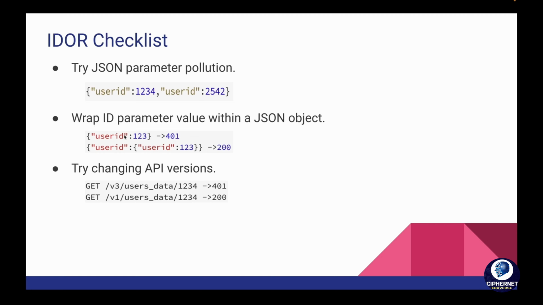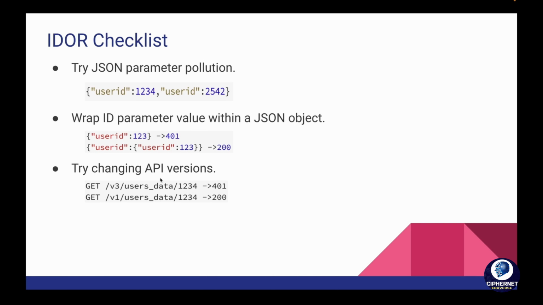So this is our actual JSON request parameters which are there in this format. So you have just wrapped all this value in an array in the JSON object. So you might get a bypass and get the information of the victim.